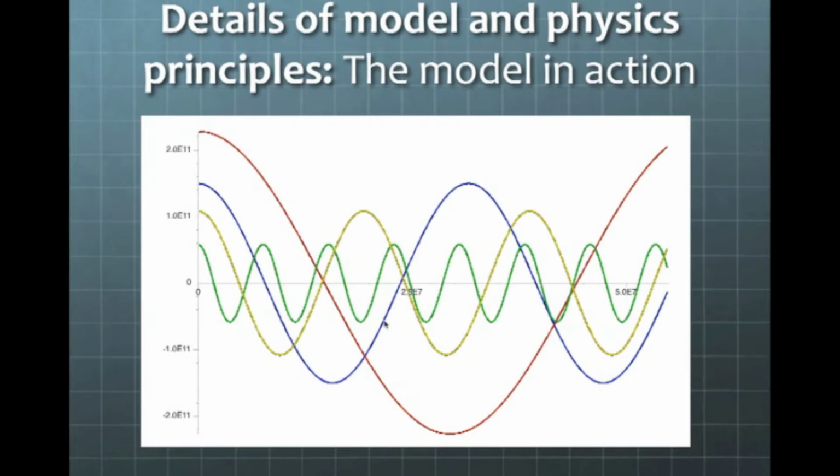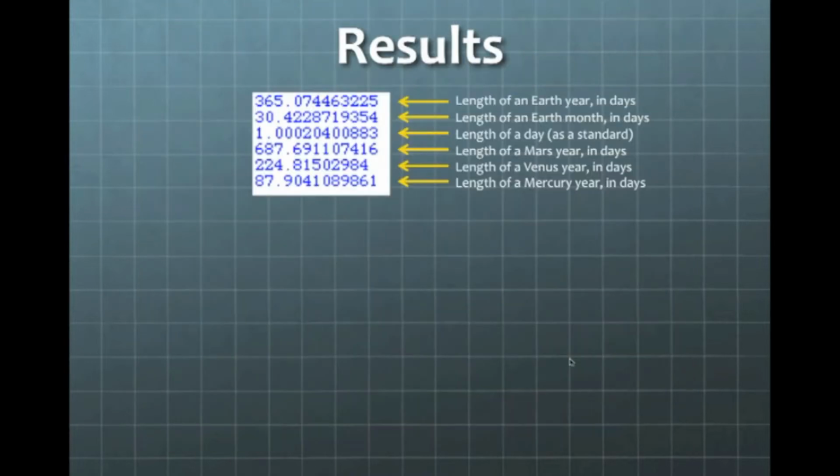And you can see here I've graphed the periods of the orbits. The green period, that's Mercury, Venus, Earth, the blue, and Mars, the red. So we can see that all makes sense, that all checks out. And if we look at our results for these parameters, length of an Earth day, month, we have length of a day as sort of a standard.